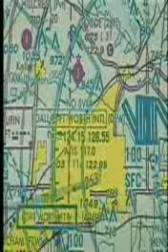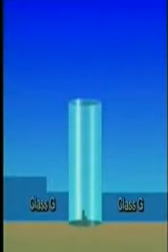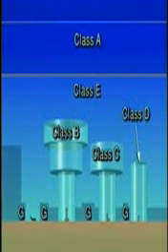Now let's look at airspeed restrictions for both controlled and uncontrolled airspace. Unless otherwise authorized, you cannot operate an aircraft faster than 250 knots when below 10,000 feet MSL, regardless of the type of airspace.